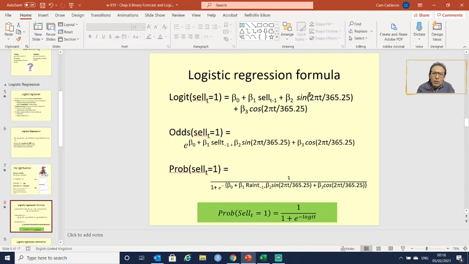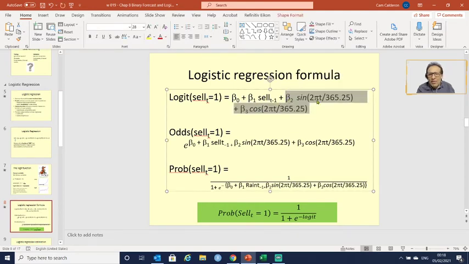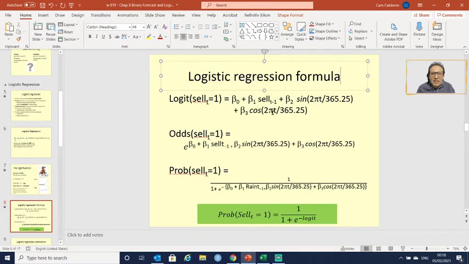We can add also other variables. In this case, as an example, I am using sines and cosines, which I think capture the seasonality. If you remember, sines and cosines make cycles, right? It's not necessary, this is just for the example.